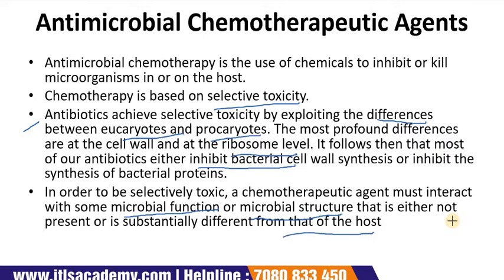For example, in treating infections caused by prokaryotic bacteria, the agent may inhibit peptidoglycan synthesis or alter the bacterial ribosomes. Human cells do not contain peptidoglycan and possess eukaryotic ribosomes. Therefore, the drug shows little, if any, effect on the host, or we can say selective toxicity.